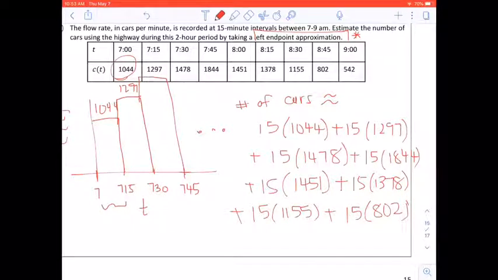So if you were to multiply this up, add this all up, sum it, you're going to get a total number of cars of about 156,735 cars. And this is between 7 a.m. and 9 a.m.